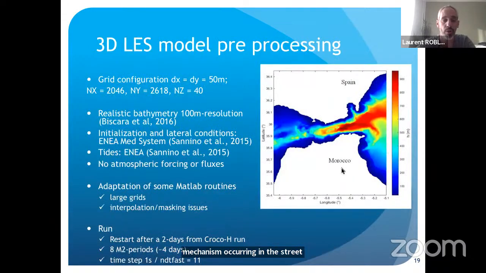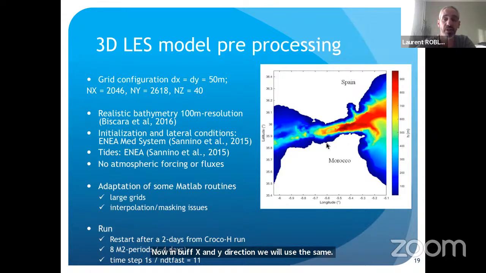So based on this work, we move on to the full 3D model of the Gibraltar Strait. This model has been developed with the same horizontal resolution of 50 meters, now in both X and Y directions. We will use the same high resolution bathymetry, which is shown here.